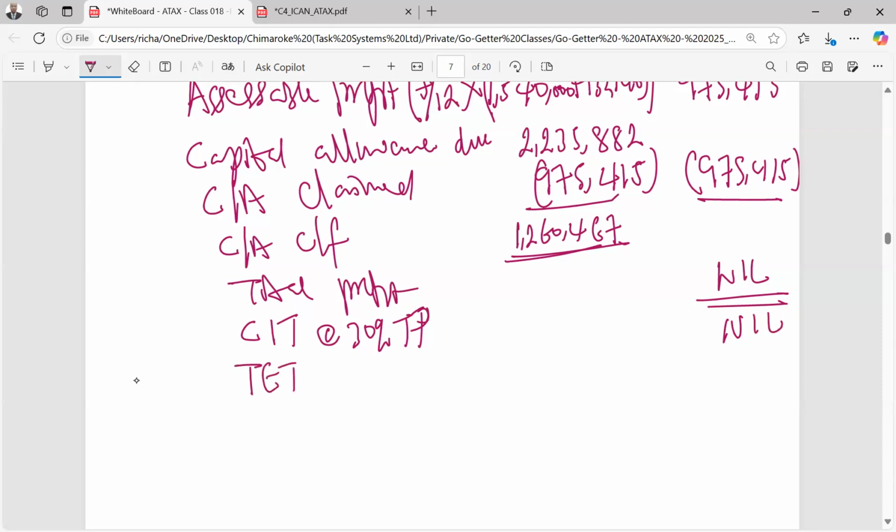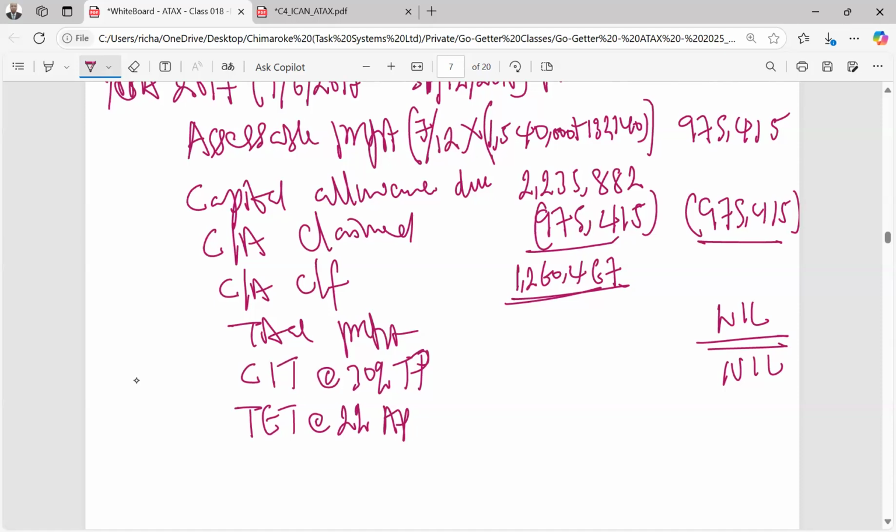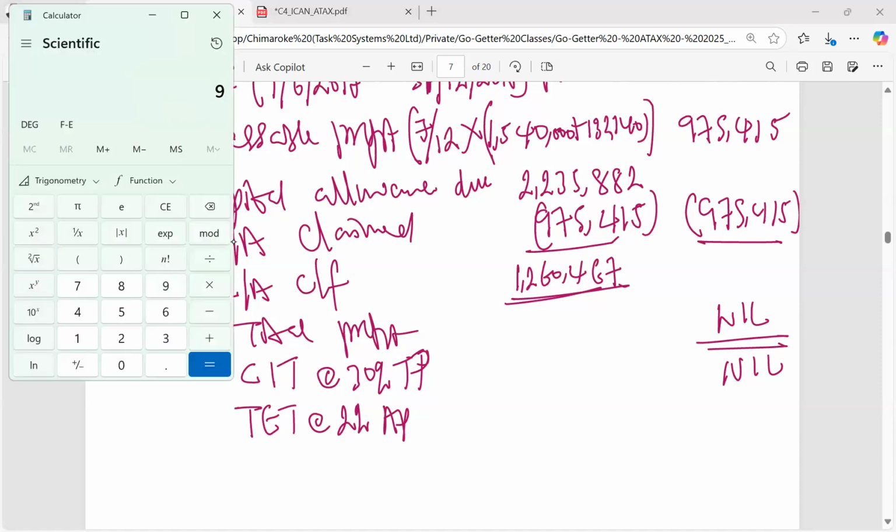Tertiary education tax at 2% of assessable profit is going to give us 2% of this. So we calculate 975,415 times 0.02.